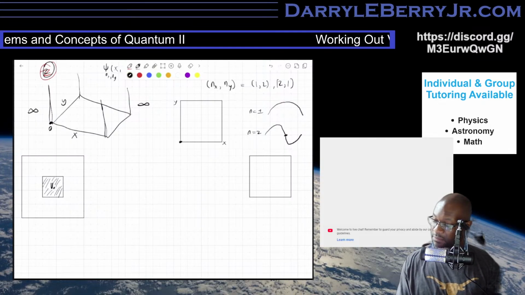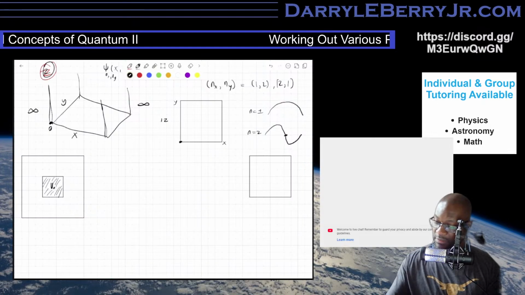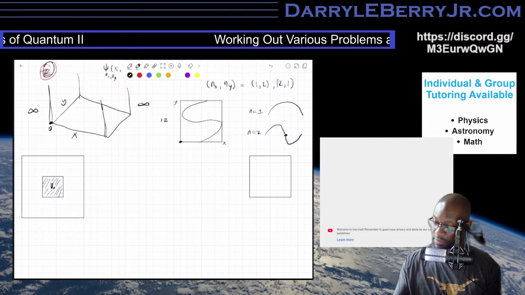So if x is 1, so we have 1, 2. X is going to have no node, and y is going to have one node. So y will look like this, and x will look like this.